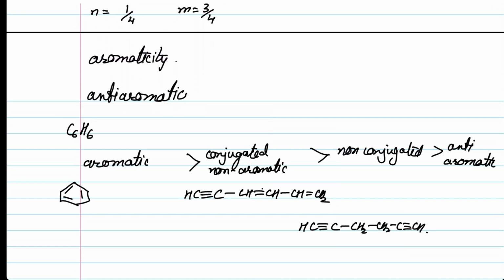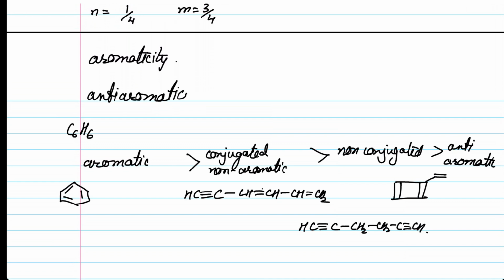Then we could have a structure like this. Here, this structure is anti-aromatic. As you can see, this square has two pi bonds which are conjugated with each other. The total number of electrons taking part in cyclic conjugation turns out to be 4, and so the m value comes out to be 1.